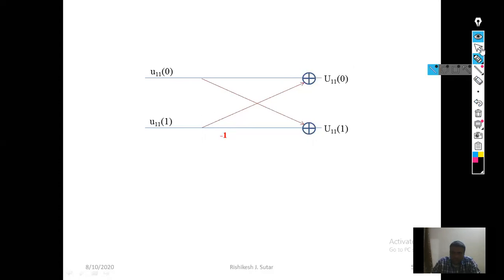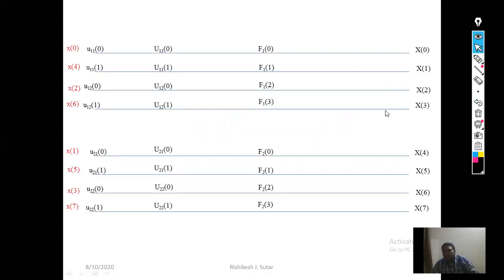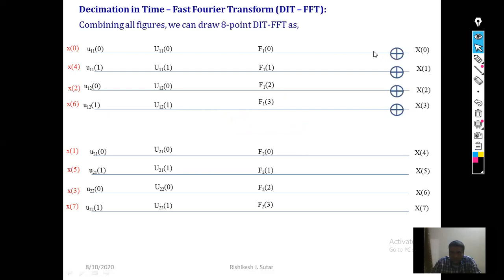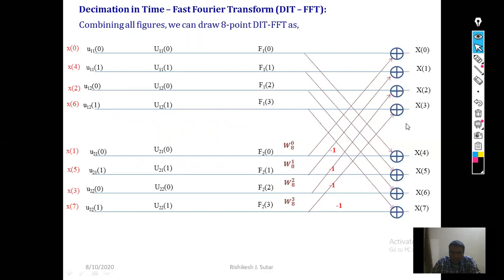Okay. So once I got this, now I have to club all these butterfly diagrams. So I know that the first butterfly diagram was like this. So I have drawn it. This was the first butterfly diagram in which I have calculated x of k from f1 of k, and I have drawn this complete butterfly diagram in the previous slides.